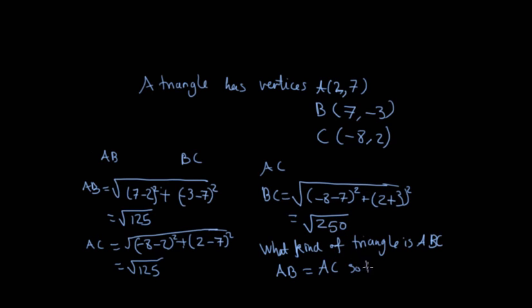So the triangle is an isosceles. Can't spell isosceles. And that's how you would do that. So I hope that helps.